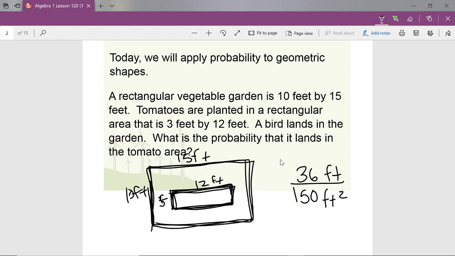So from here we can reduce a little bit. Let's reduce by 2, so we have 18 over 75. And that can be reduced again by 3s to get 6 out of 25. So it's a 6/25 chance for the bird to land in that tomato area of the garden.